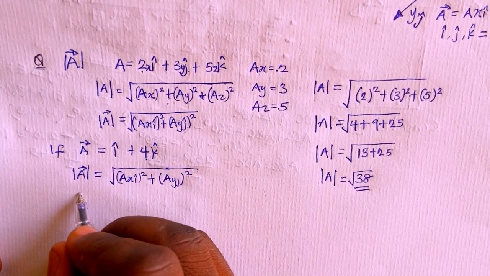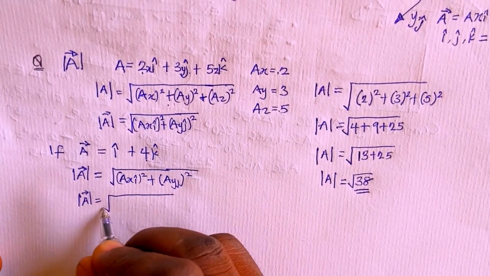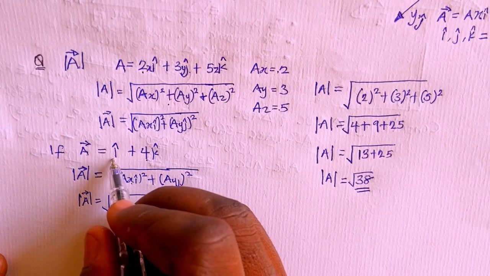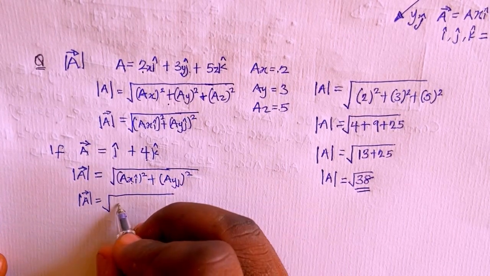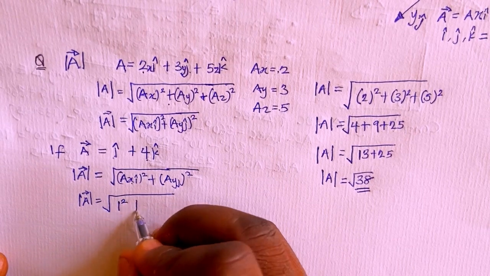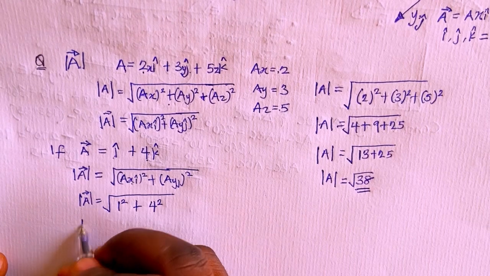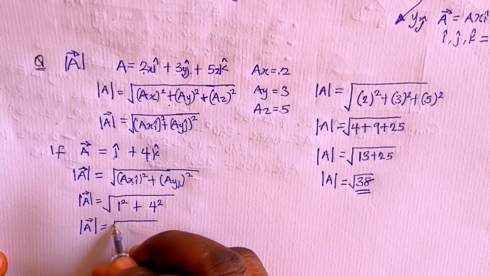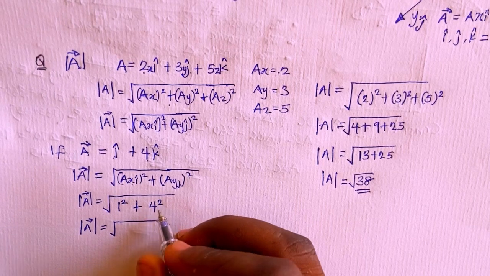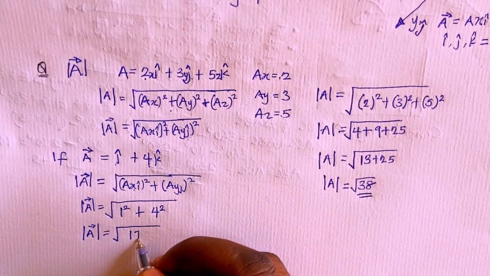Then here the magnitude of vector A is equal to the root of, here our ax is taken to be 1, because the magnitude of i is 1, so I'm going to have 1 squared plus 4 squared. 4 squared is 16, then plus 1, that's the root of 17, right?